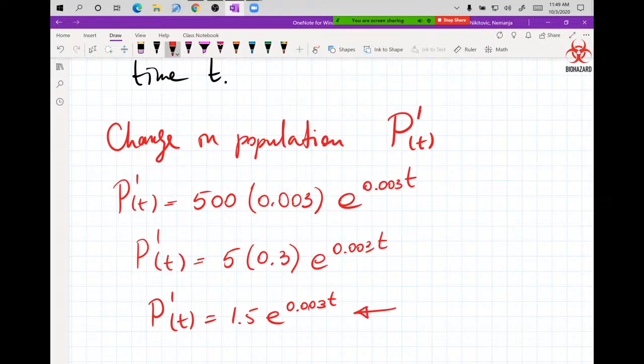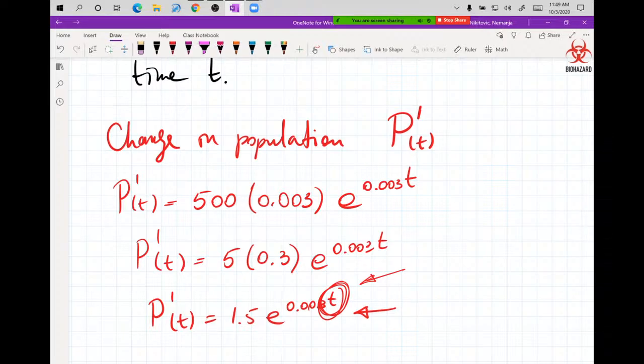This one is only measuring the change within the unit of time you have. So if your unit of time is 1 year, it will tell you how many more rabbits you have in that 1 year than the previous year.